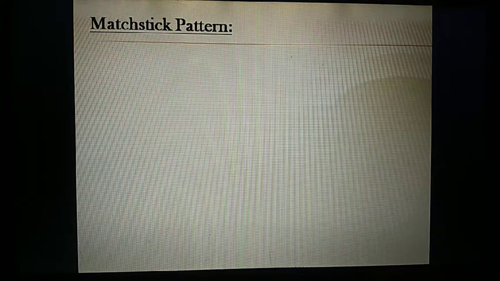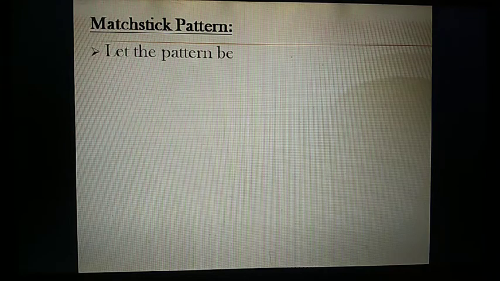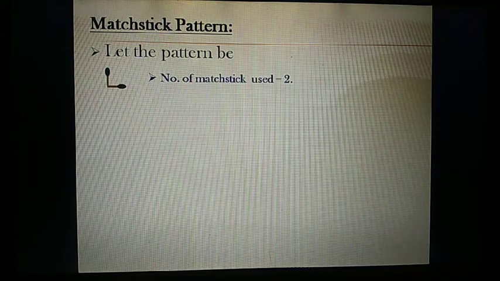The very first method we will use here is the matchstick pattern. In this method, a pattern will be given to you and you are supposed to find how many matchsticks are used in a single pattern and how you will express the same in a general way. Let the pattern be L. Here we can see that the number of matchsticks used is 2.